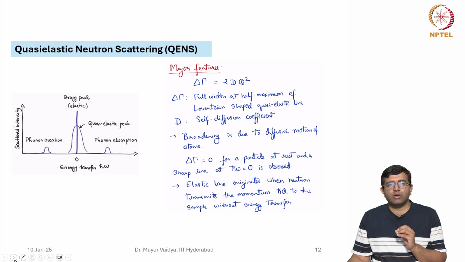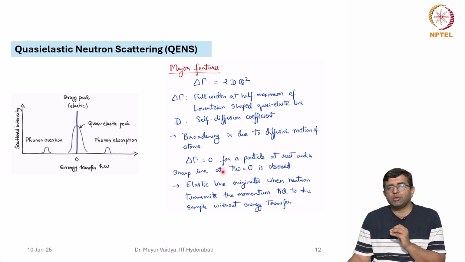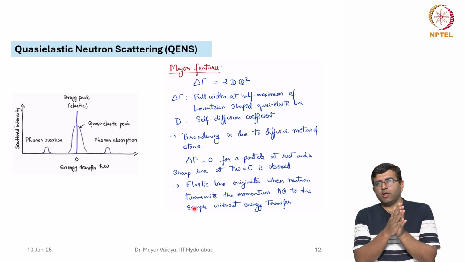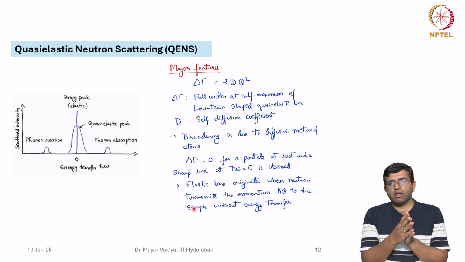But if there is a diffusional motion involved, then a broadening occurs, and this is known as the quasi-elastic peak, and the broadening is related to the self-diffusion coefficient.